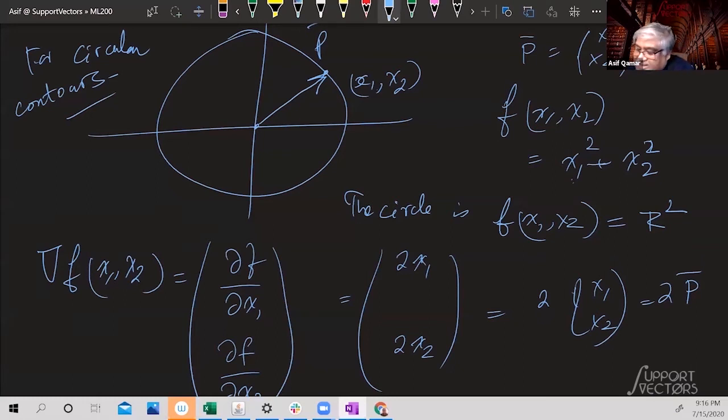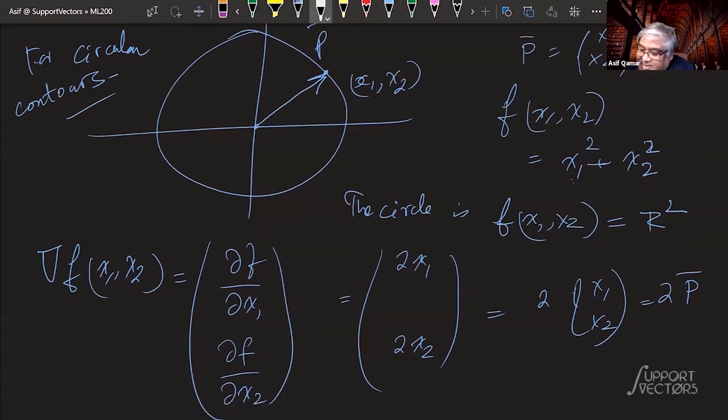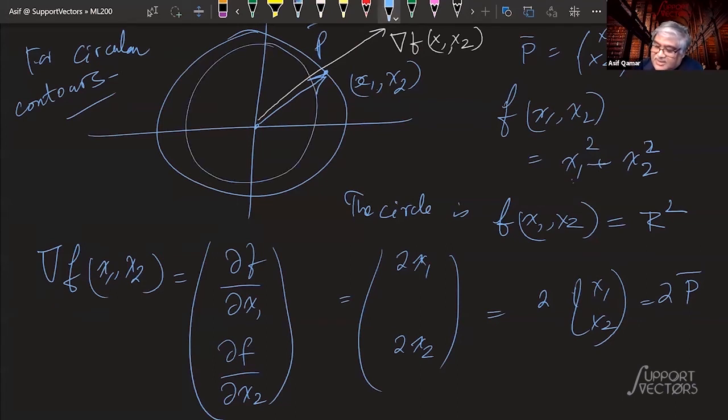So what does it mean? Where does the gradient point? Gradient is just a vector that points. This is the gradient of f(x1, x2). Now, there is an interesting lesson. If I look at lots of circles, the functions have different constant values.